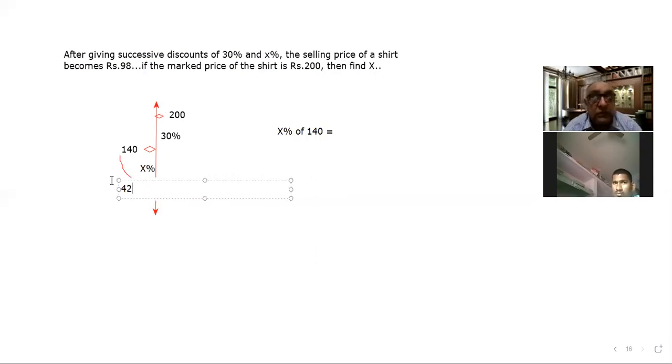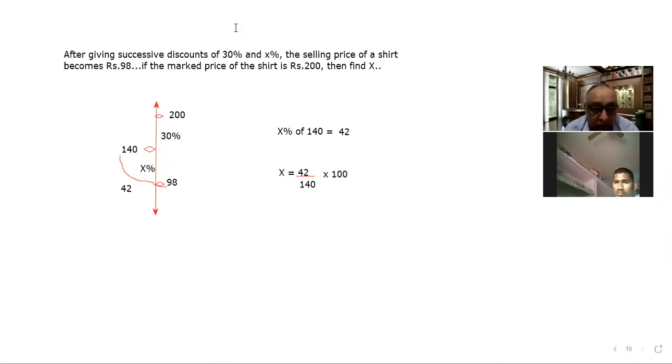If X% of 140 is equal to 42, then X would be equal to 42 divided by 140, multiplied by 100. So that would be X.